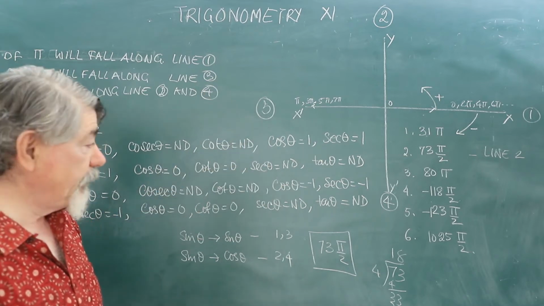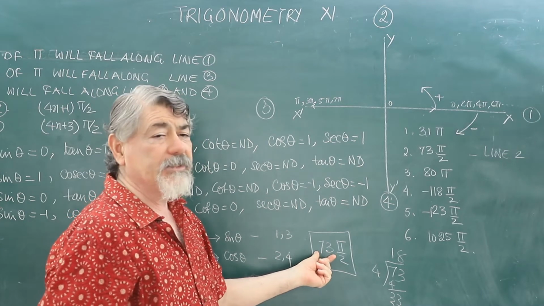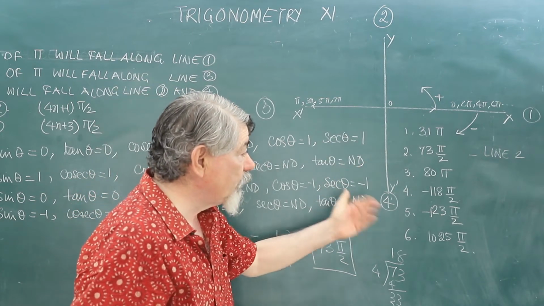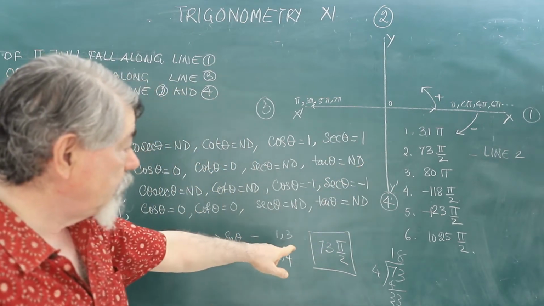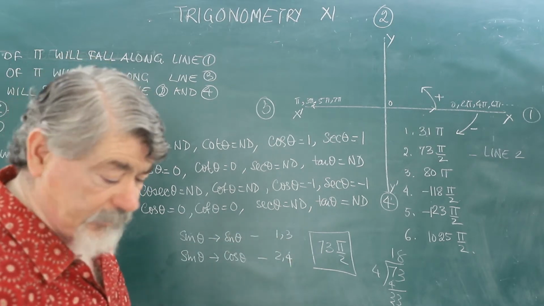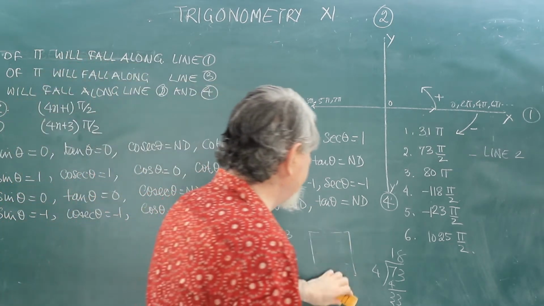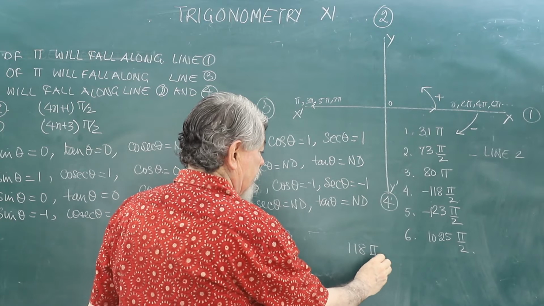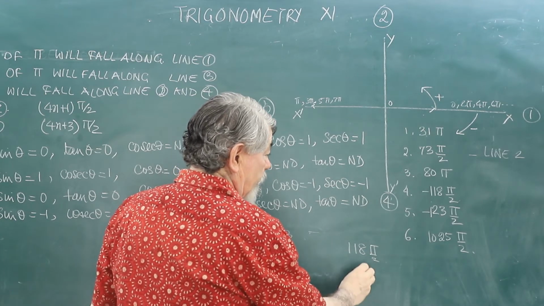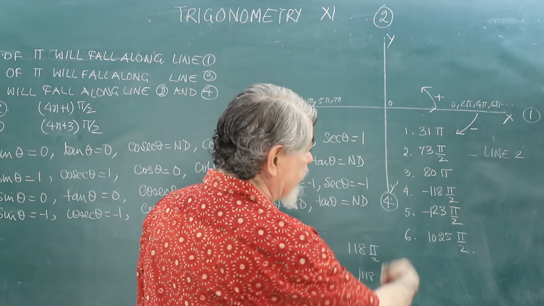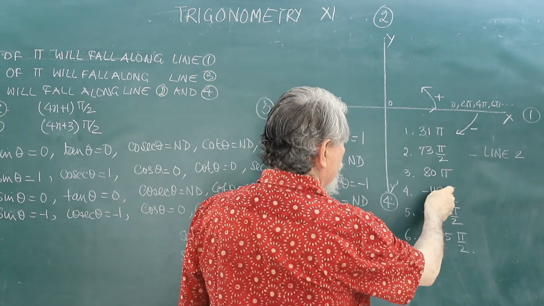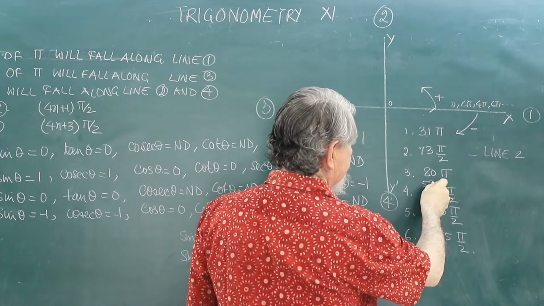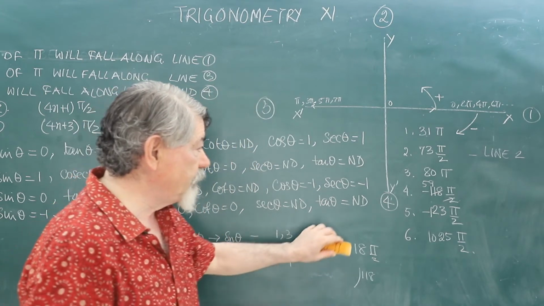And if the remainder is 3, for example, if I had divided something by 4 and the remainder was 3, then it would have fallen along line 4. For example, if I take 118 pi by 2, 118 is an even number, so there is no question of it being odd.